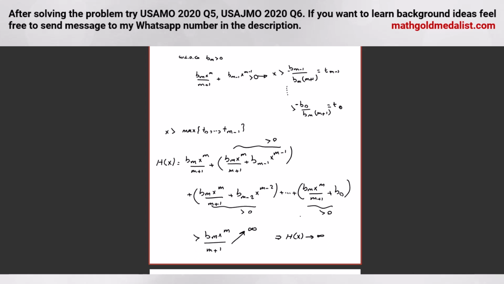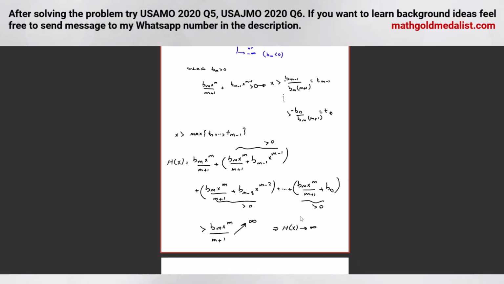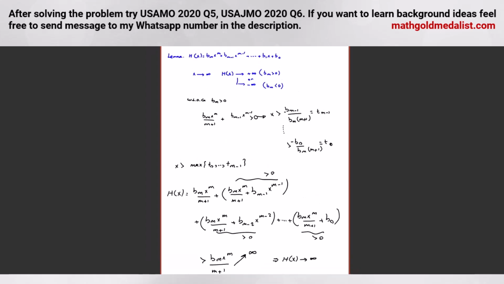Wait, h of x, how did you create that h of x? So h of x is a polynomial, the main polynomial. I want to say if x goes to infinity, h of x goes to infinity for bm positive. I wanted to say that this one will be so much greater than these things, for large x. For example, if we have 9 terms here, I split this into 10 equal parts, okay?